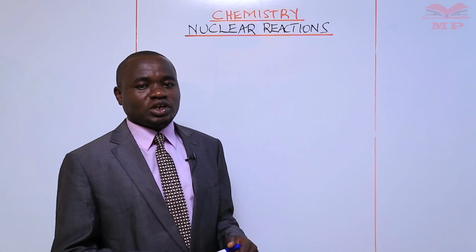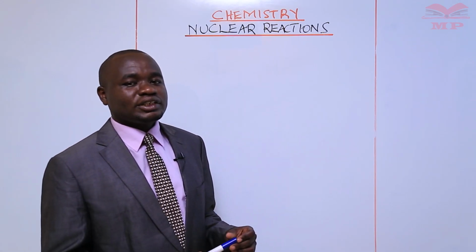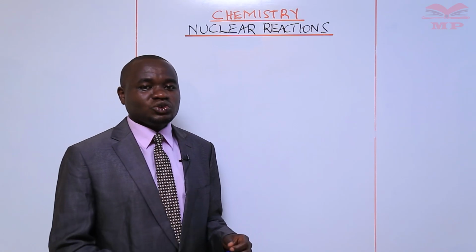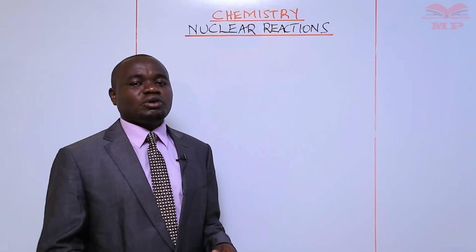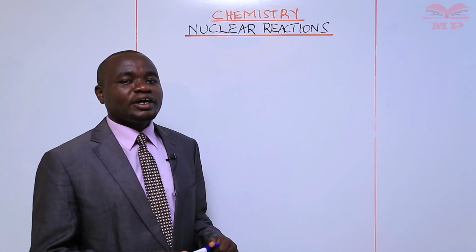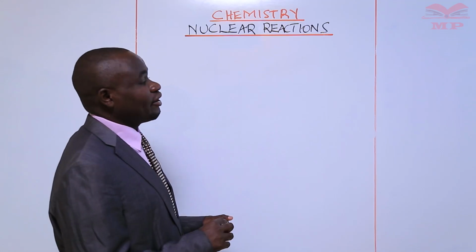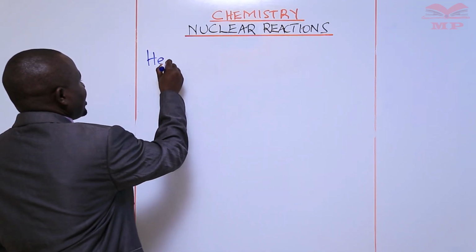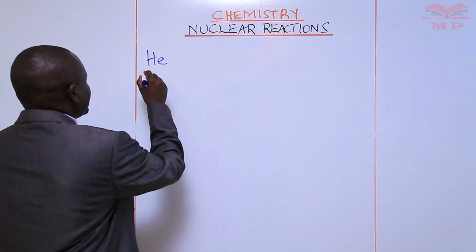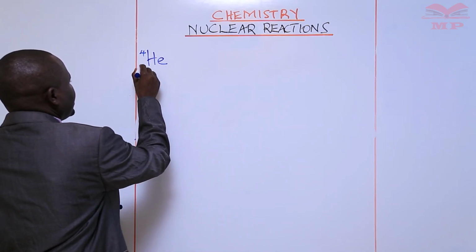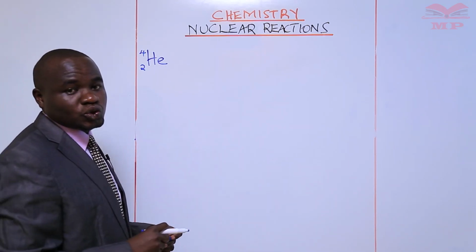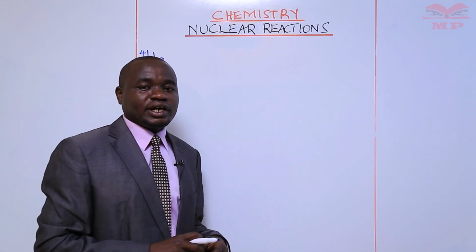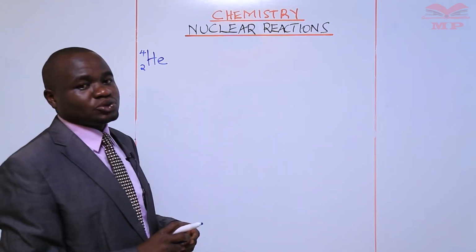When it comes to alpha particles, when writing a nuclear equation, alpha particles are represented with a helium atom with a mass number of 4 and atomic number of 2, if a particle undergoes radioactivity by emitting alpha particles.